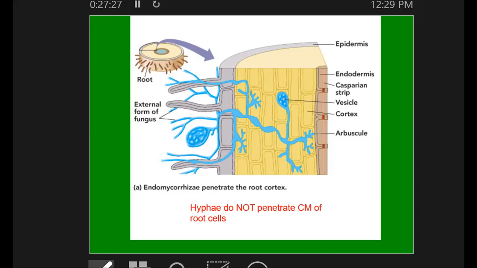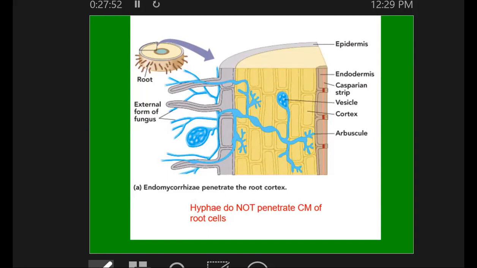They can go through the cell wall, and then they can bump up against the cell membrane of the root cell. But they don't penetrate the cell membrane. They don't do that. They just kind of push up to the cell membrane, and that's it.